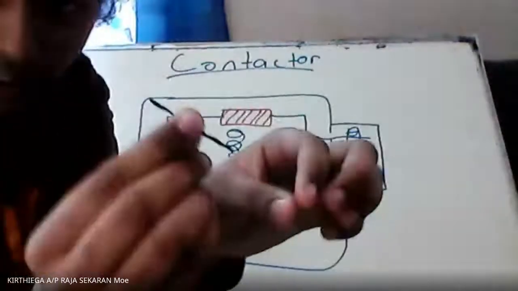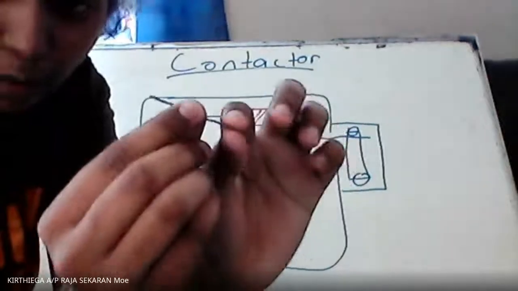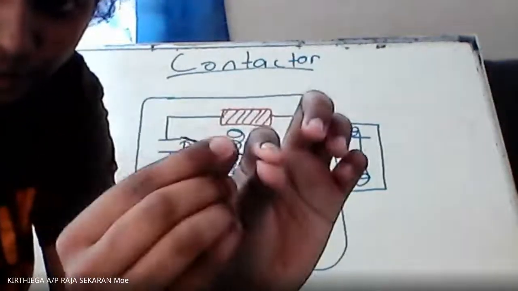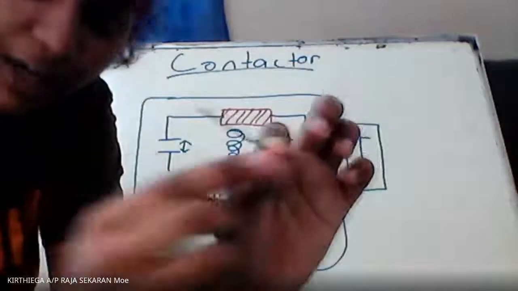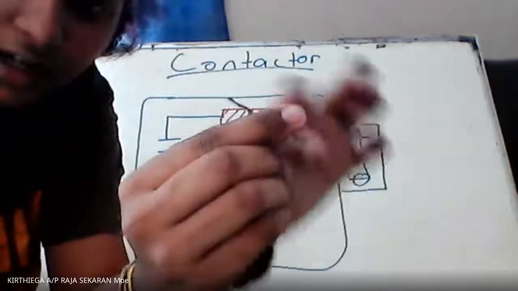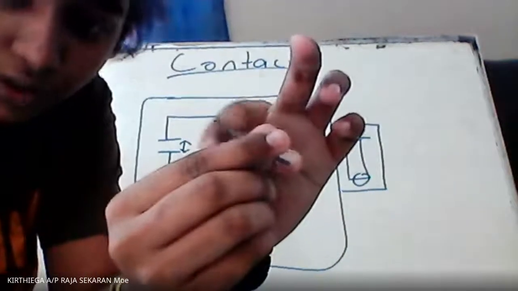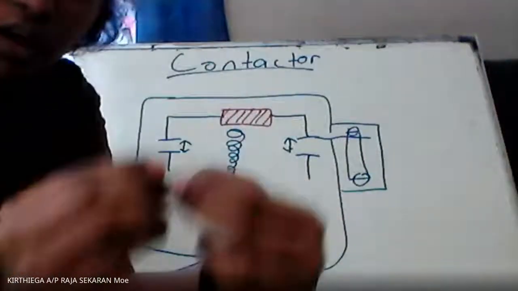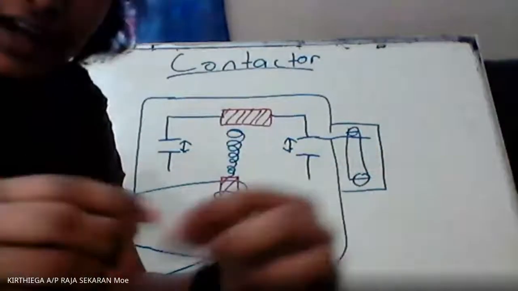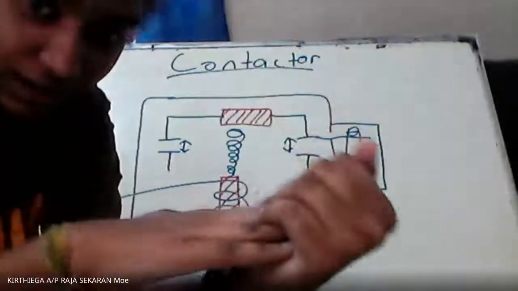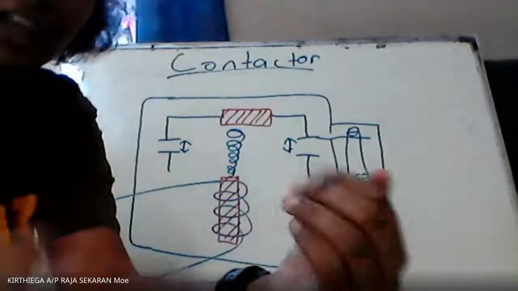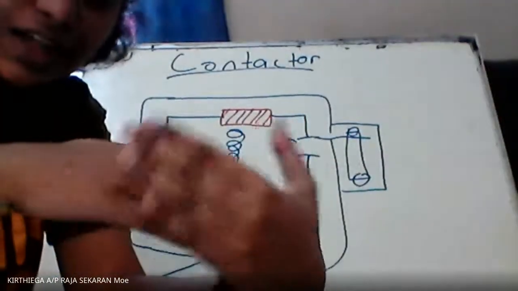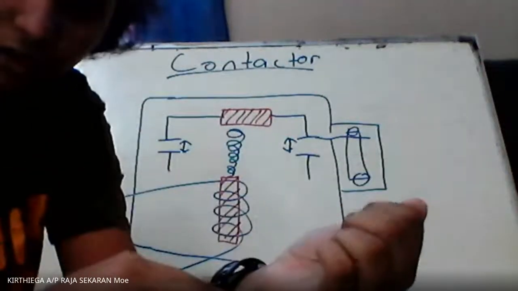So one will be attached to that terminal, where there will be current flow, and another one will not be attached to this circuit. This is what we call normally closed, where it is a closed circuit, and normally open, where it opens normally and there is no current flow.